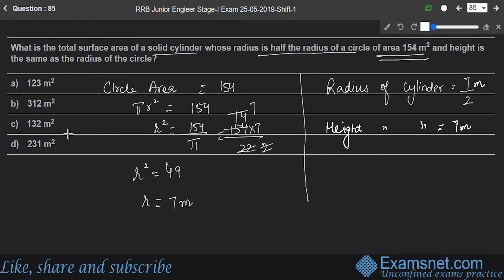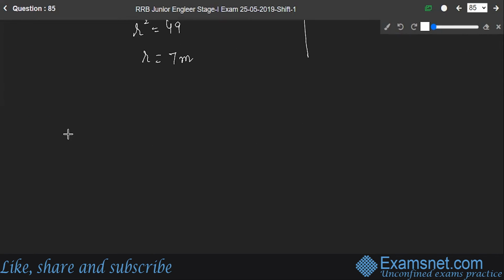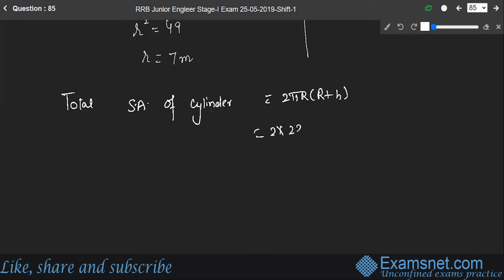Okay. Now what do you have to find out? Total surface area of cylinder, which is equal to 2 pi r times r plus h, 2 pi r, where r is 7 by 2, plus h.